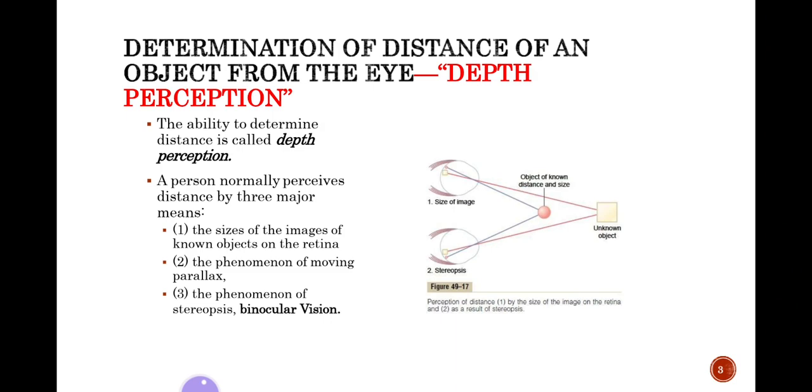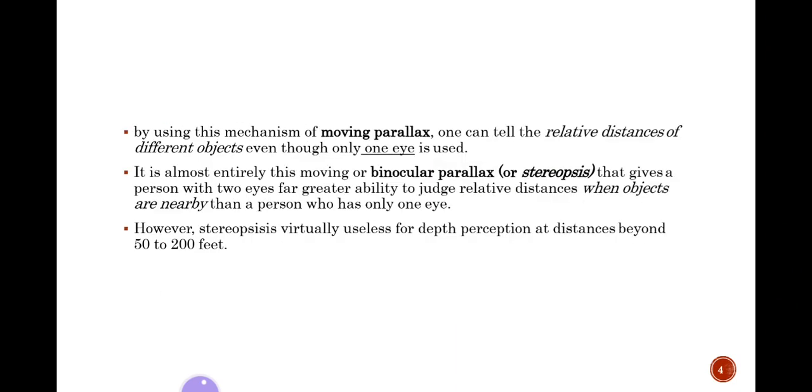One is the size of the object image, or the size of the image of a known object on the retina. Number two, the phenomenon of moving parallax, and number three, the phenomenon of stereopsis, also known as binocular vision. By using moving parallax, one can tell the relative distances of different objects even though only one eye is used.